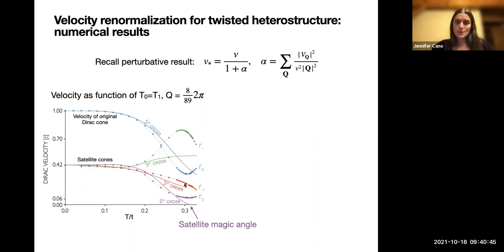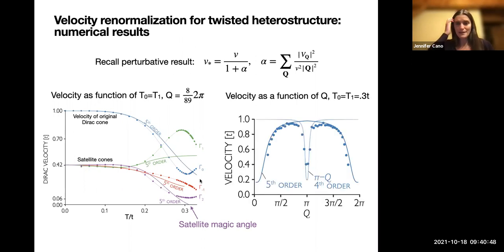Now we can also make a kind of plot the inverse, which is we plot the velocity of the Dirac cone, we fix the magnitude of the potential, but we vary the wave vector q. And so now same thing, the dots are our numerics and the lines are perturbation theory.